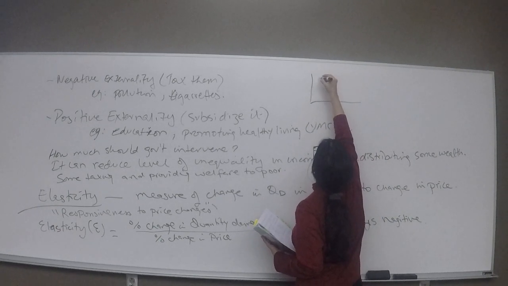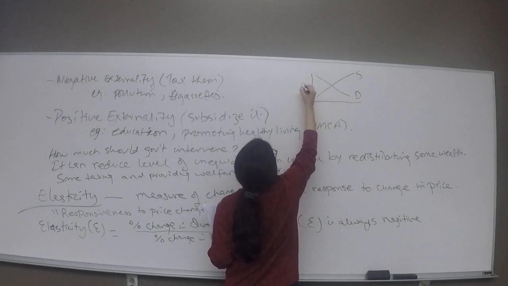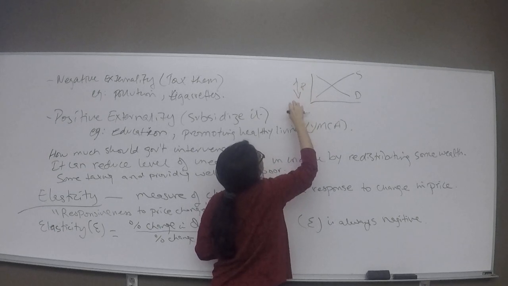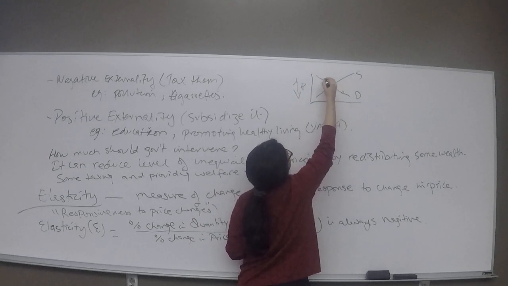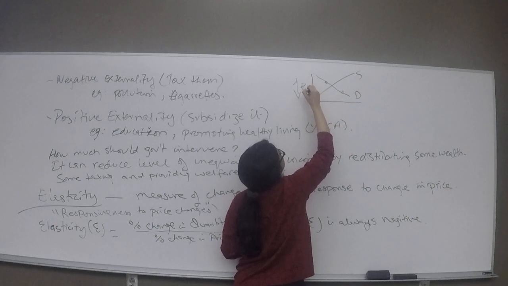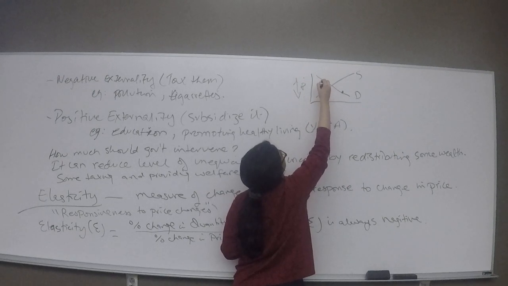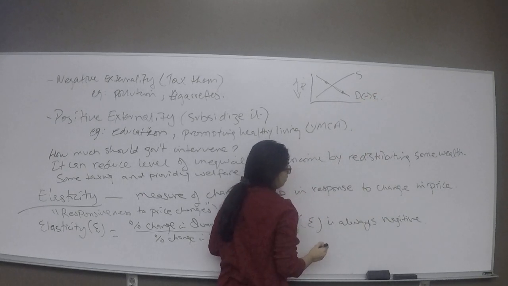It's always negative because we are calculating change of price and how does that affect quantity demand, which is an inverse slope. So when price decreases, more people are buying it. When price increases, less people are buying it. It's an inverse slope, so that's why elasticity is negative.